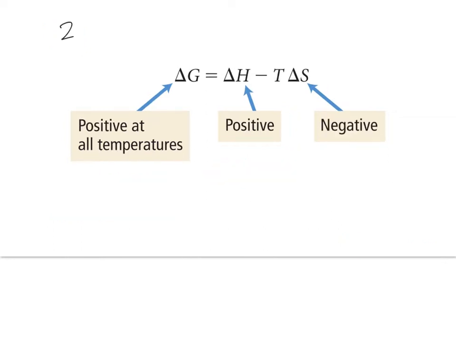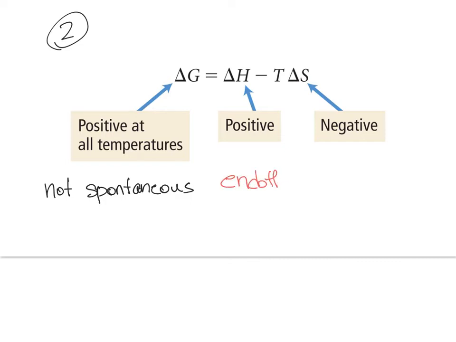Right, next we have situation number 2, where delta G is positive at all temperatures, so this means not spontaneous. Delta H is positive, so it is endothermic. And delta S is negative, so this would be more ordered.